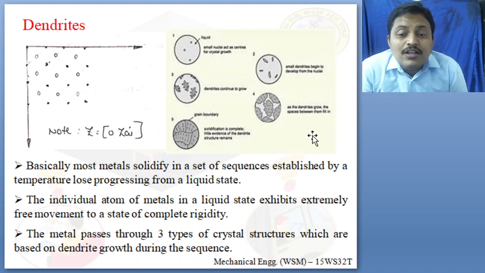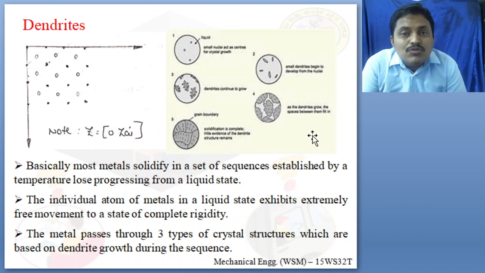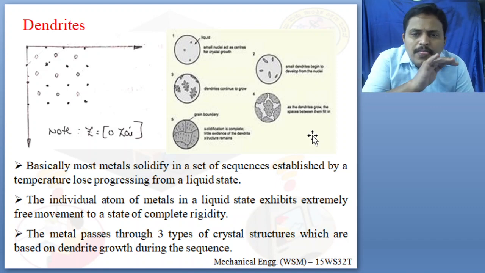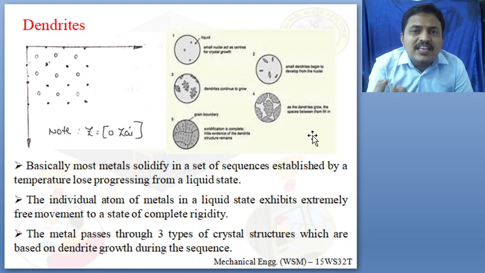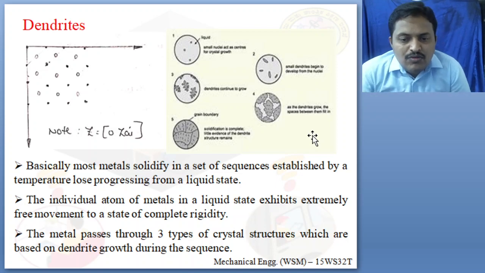How does it improve? The atoms become loosely packed. When you heat it, the atoms start to move freely and accommodate any gap between the atoms. So the strength of the metal becomes very good.